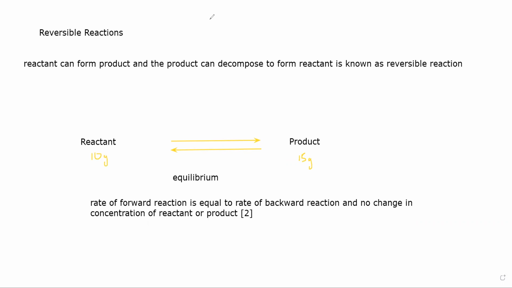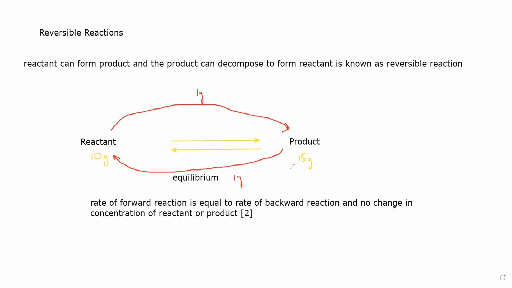As the reaction occurs, because we know the reactant can form a product, say out of 10 gram, 1 gram of a reactant is forming a product. And out of 15 gram, 1 gram of a product is decomposing and forming back the reactant.